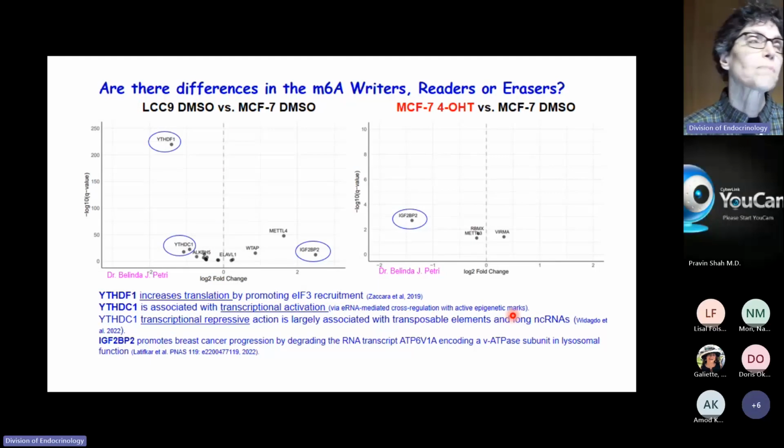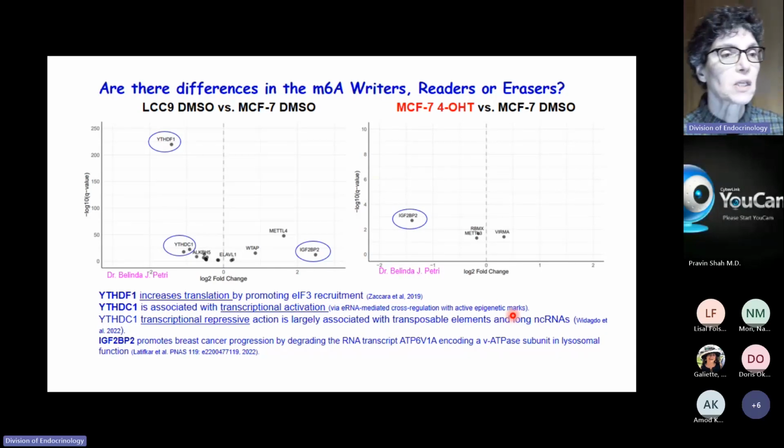And that's what's indicated in these volcano plots as well. We also asked the question, are there differences in the M6A writers, readers, and erasers? And what we can see is that in LCC9 cells, there is a decrease in YTHDF1, YTHDC1, and an increase in, excuse me, IGFBP2. And likewise, there's a decrease in 4-hydroxytamoxifen-treated MCF7 cells of IGFBP2.